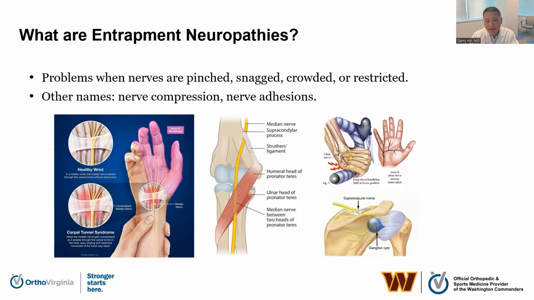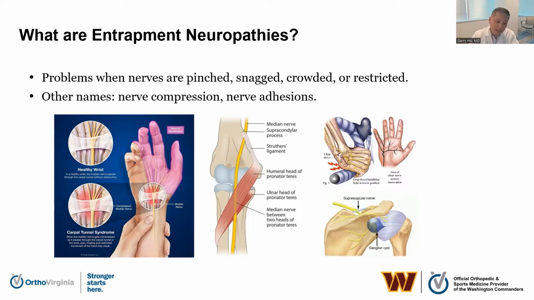In the middle of the slide, you can see another scenario where you have the same nerve, the median nerve, traversing the elbow. Normally the nerve travels between two slips of muscle that we call the pronator teres. In this scenario, there's nothing necessarily wrong with the muscle itself, but perhaps the muscles get enlarged.